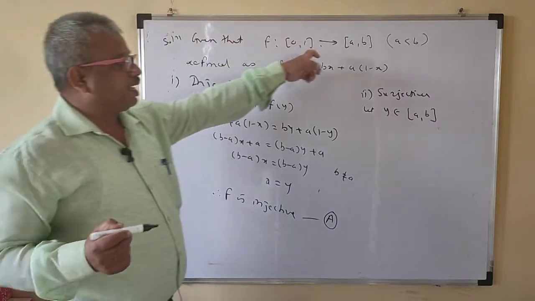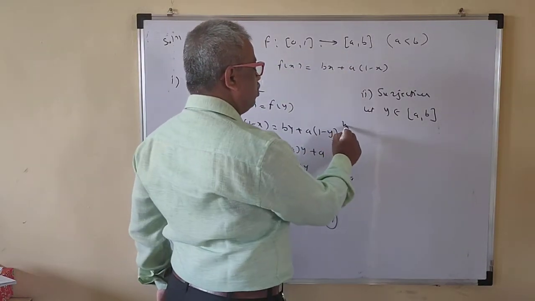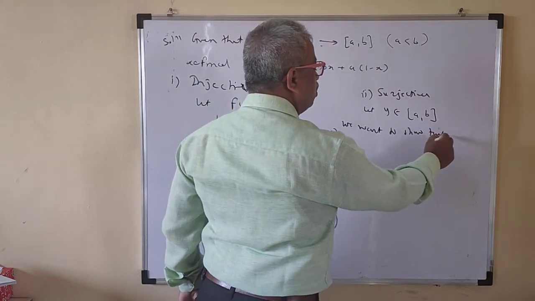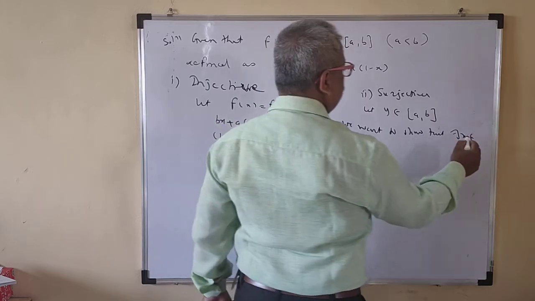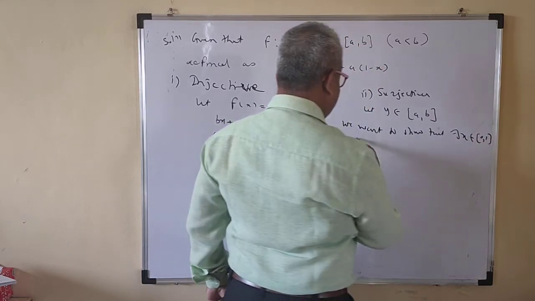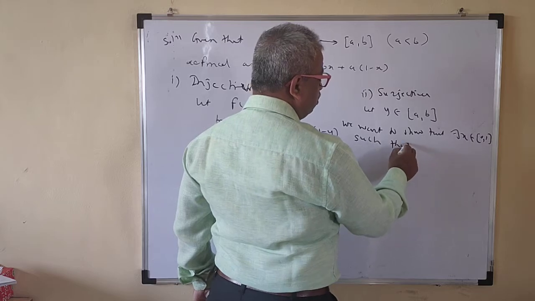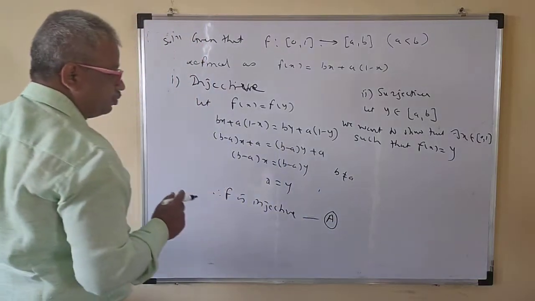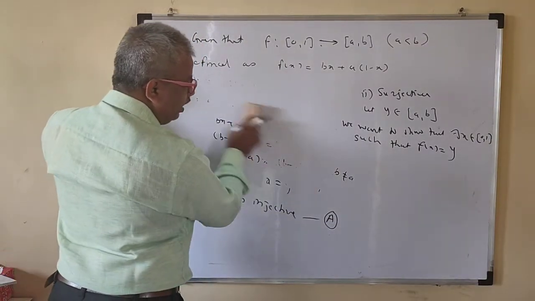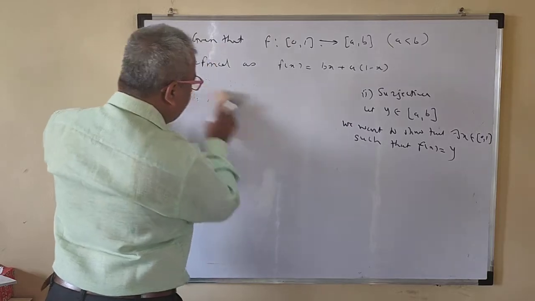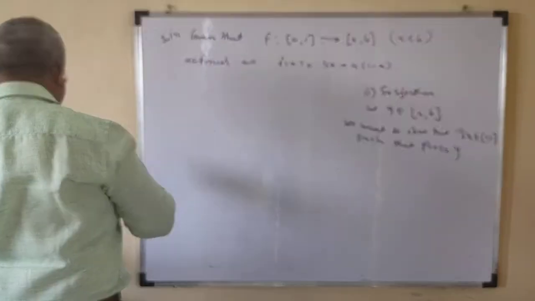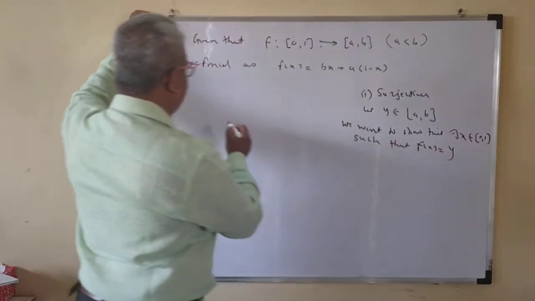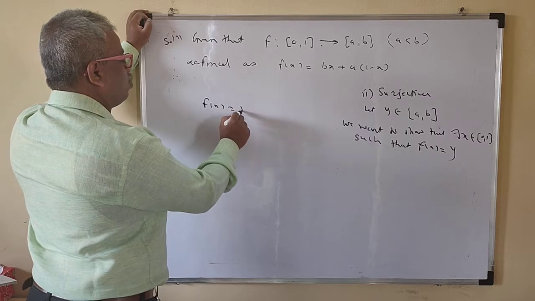We want to show that there exists x belonging to the closed interval 0 1 such that f of x is equal to y. That means y has a pre-image. We want to show that x is in the closed interval 0 1. So we will say f of x is equal to y.